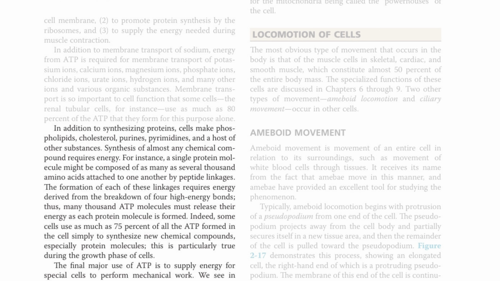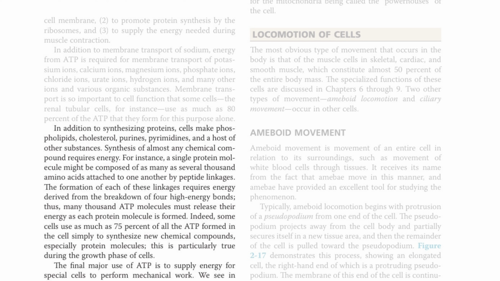In addition to synthesizing proteins, cells make phospholipids, cholesterol, purines, pyrimidines, and a host of other substances. Synthesis of almost any chemical compound requires energy. For instance, a single protein molecule might be composed of as many as several thousand amino acids attached to one another by peptide linkages.